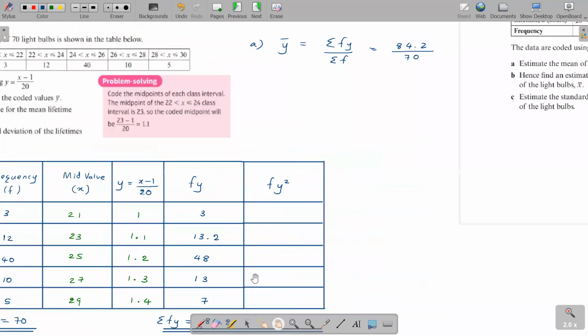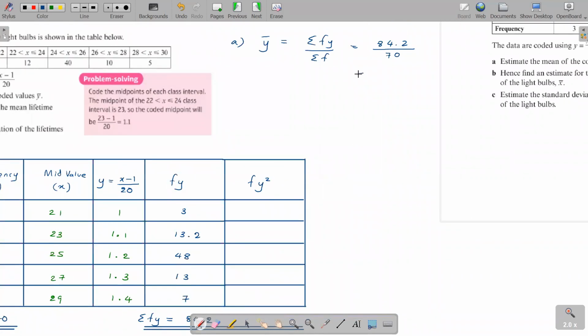How much is the answer? 84.2 divided by 70 is a long decimal, right? 1.202857, it goes on. We'll correct it to 3 significant figures: 1.20. Sorry, this is the coded data.